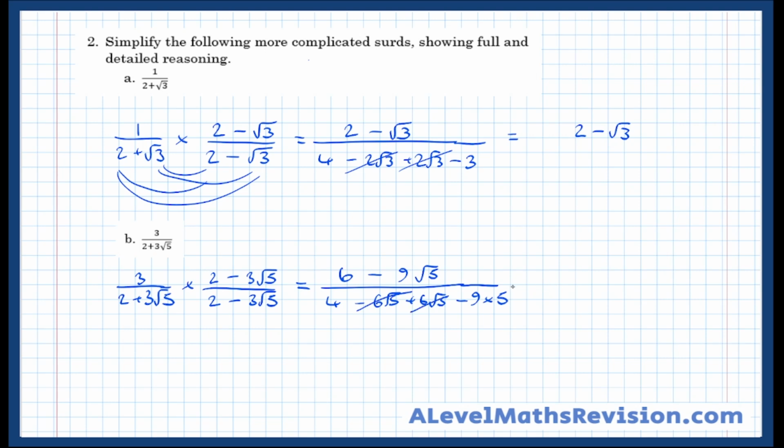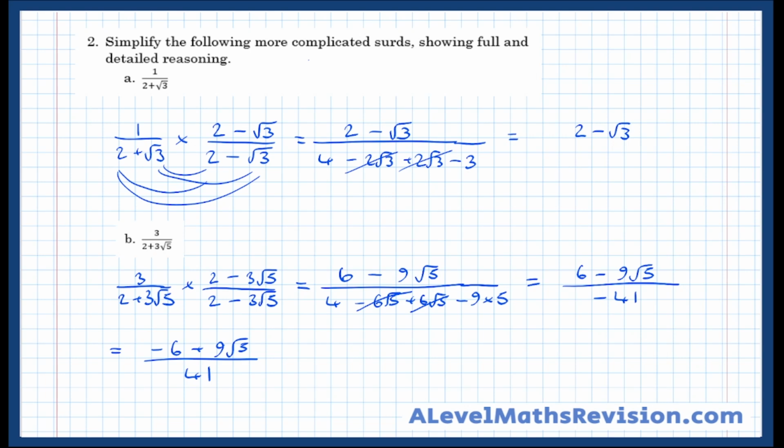They cancel, equals 6 minus 9 root 5 divided by, and we've got 4 minus 45, which is minus 41. But we don't like having negative numbers on the bottom of fractions either. So I'm going to multiply both top and bottom by minus 1 to get minus 6 plus 9 root 5 over 41. And we've written that in simplified surd form.